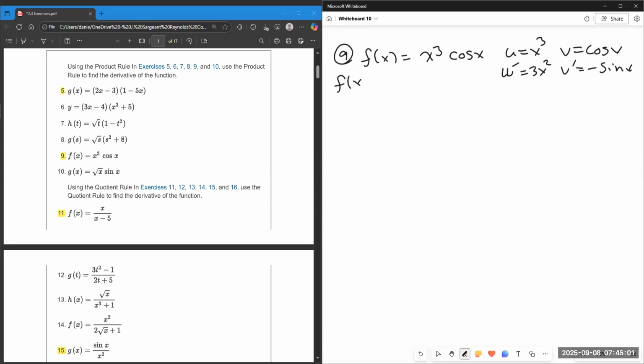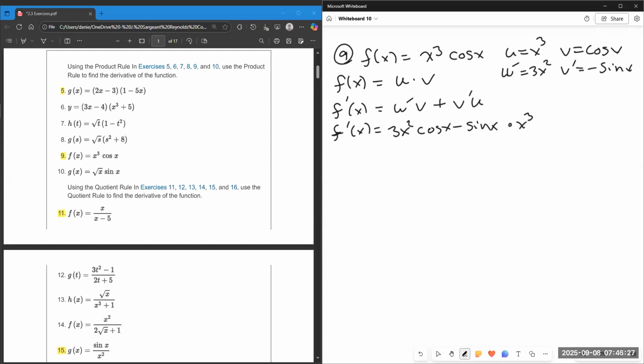So f of x is equal to u times v. F prime of x is equal to u prime v plus v prime u. F prime of x is equal to 3x squared cosine of x minus sine x times x cubed.